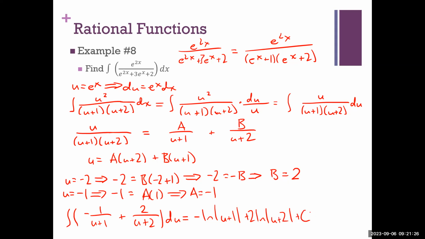All right, are we done? No, one last step, which is what? Right, so undo our first substitution. So negative natural log of e to the x plus 1 plus 2 natural log of the absolute value of e to the x plus 2 plus C.